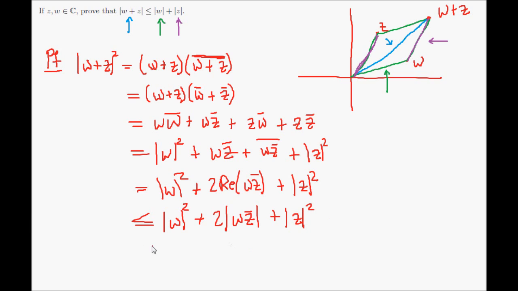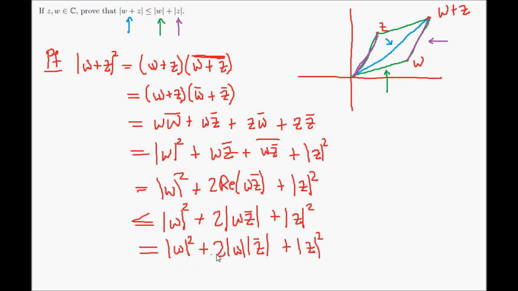Now the next step, we have yet another theorem that says that the absolute value of a product of two complex numbers is the product of the two absolute values. So 2 times absolute value of w times the absolute value of z conjugate, plus absolute value of z squared.